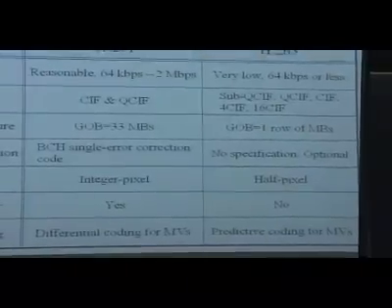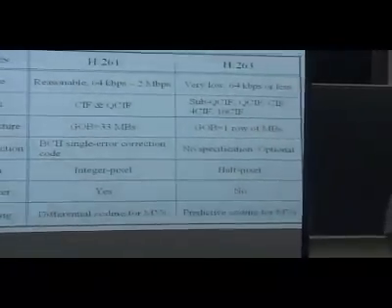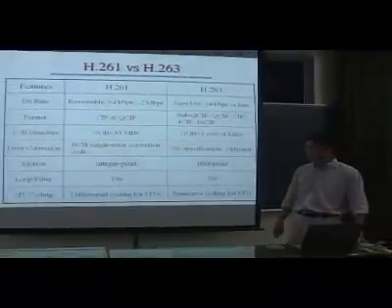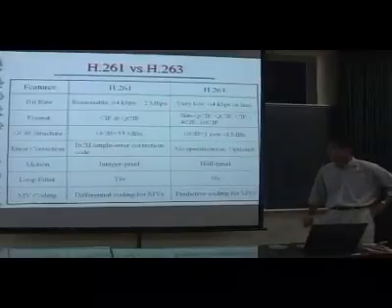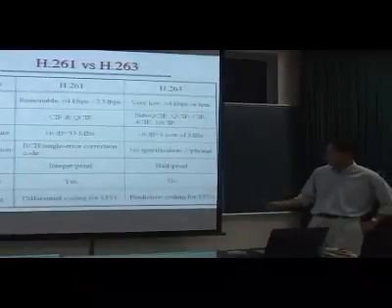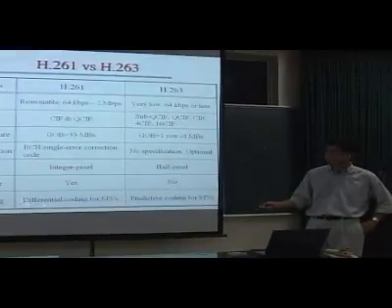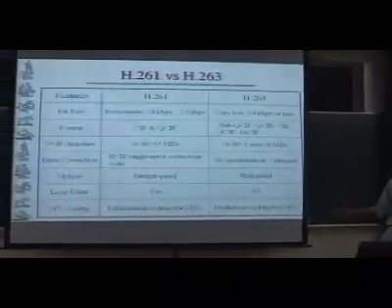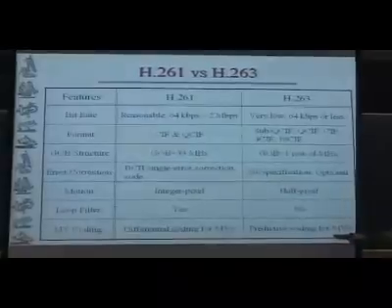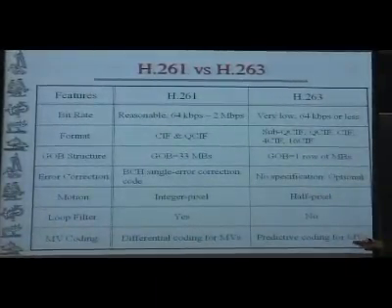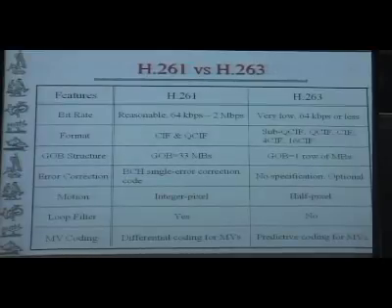Certainly the complexity goes up tremendously, at least 4 times, because the size of the reference frame is 4 times the original size. But this is a tremendous improvement. There are no loop filters here, and there are very smart coding techniques for motion vectors. To compensate for the resolution increase in motion vectors, we do better predictive coding of motion vectors, and that's how we keep the side information roughly the same.